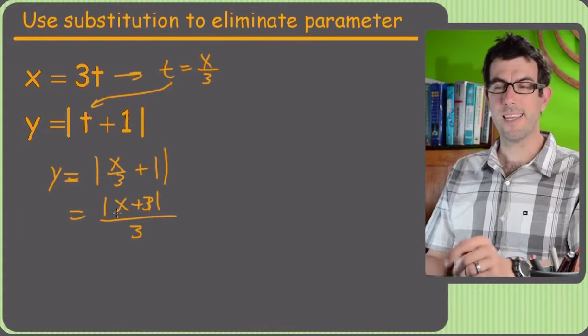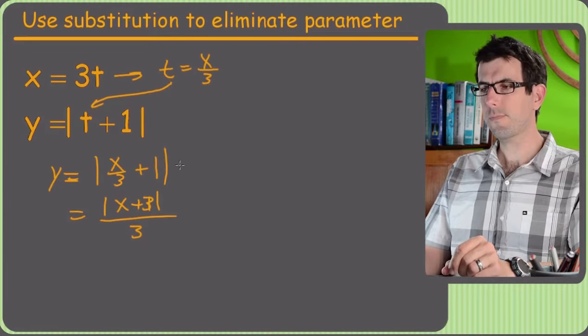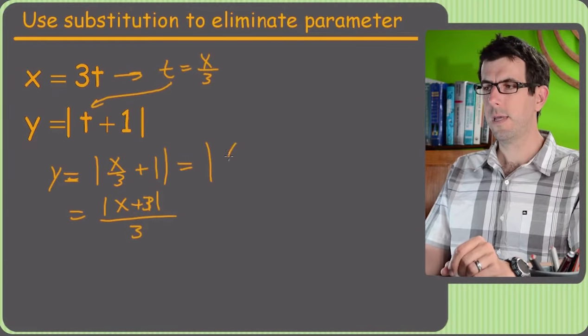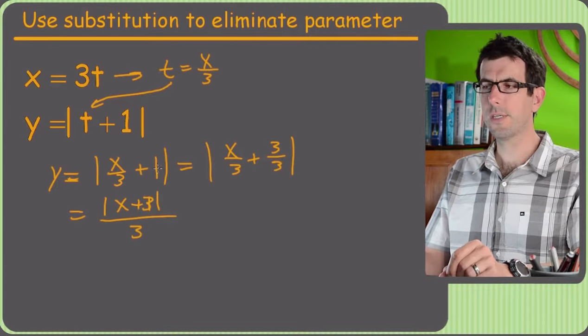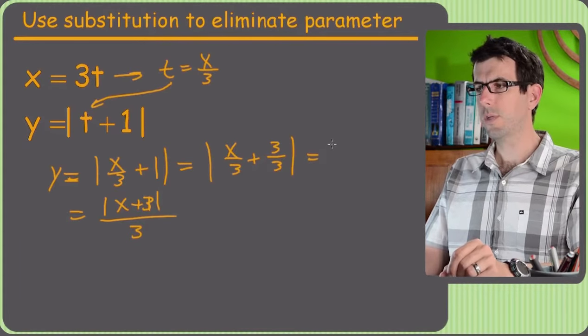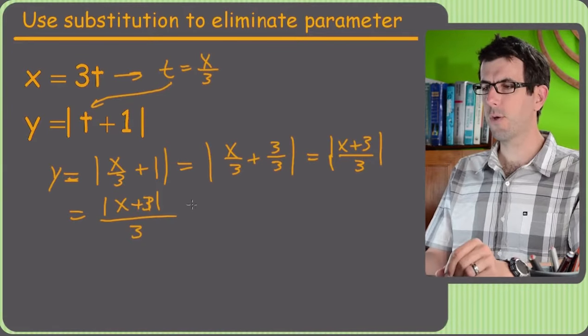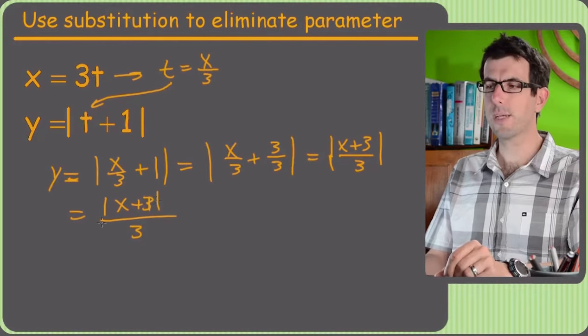These are algebraically identical, so the way we could have done this to make it more obvious would be x over 3 plus 3 over 3, just to get a common denominator, which gives us x plus 3 over 3. Then they say, that 3 can't be negative anyway, so let's put the absolute value only around the x plus 3.